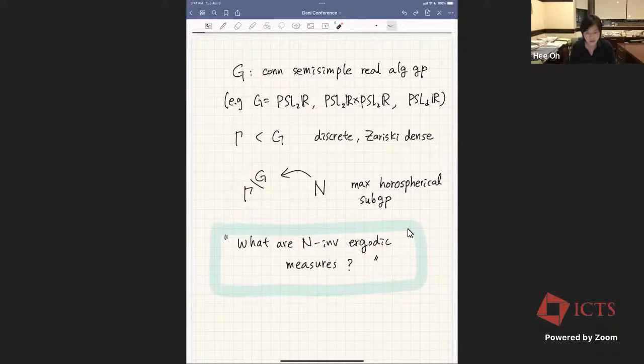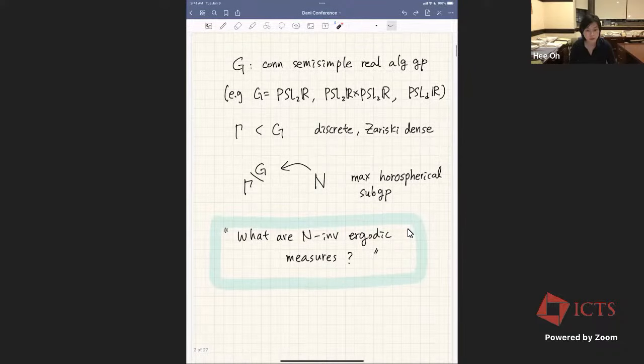It's a homogeneous space. And we'll take N to be a maximal horospherical subgroup of G. And of course, N will act on G mod gamma by translations on the right. And our question is, what can you say about N-invariant ergodic measures on this space? Okay, so this is the subject of my lecture.